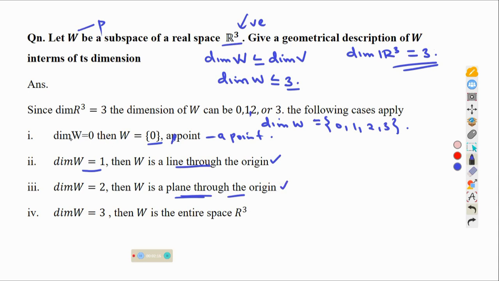So dimension 0 is a point, dimension 1 is a line, and dimension 2 is a plane through the origin. But in case the dimension is 3, then the dimension of the subspace is equal to the dimension of the vector space, and that's why we call it the entire space. So if the dimension is 3, then you are considering W as the entire space R3.